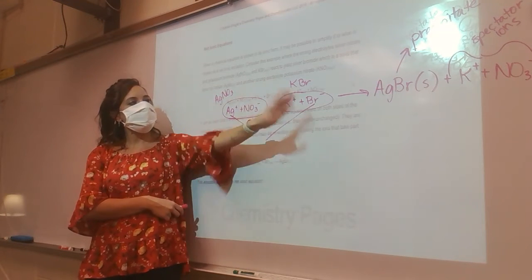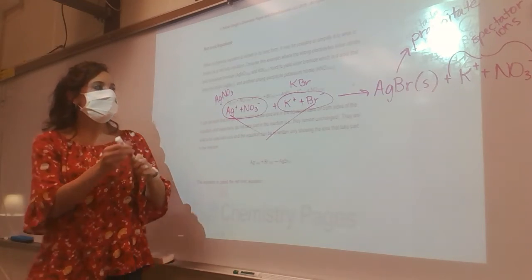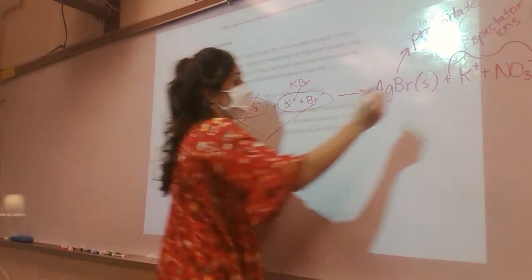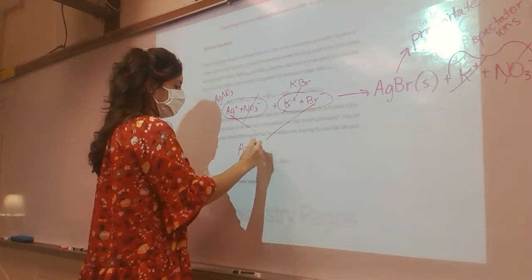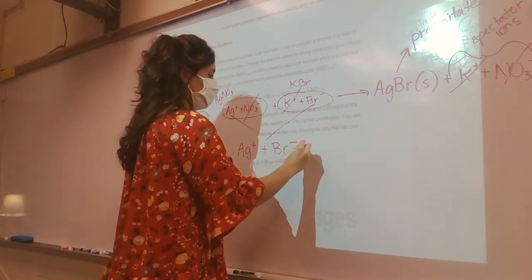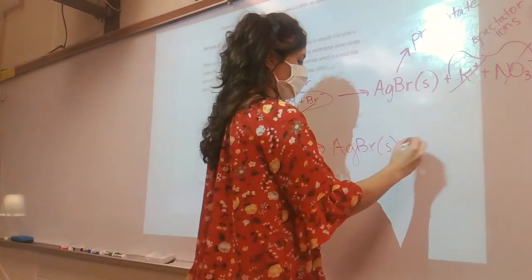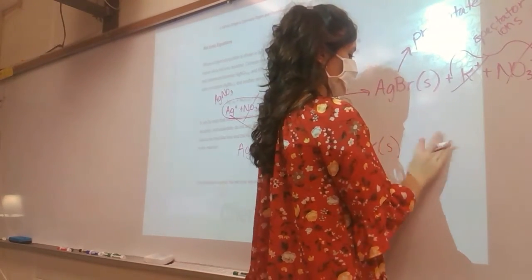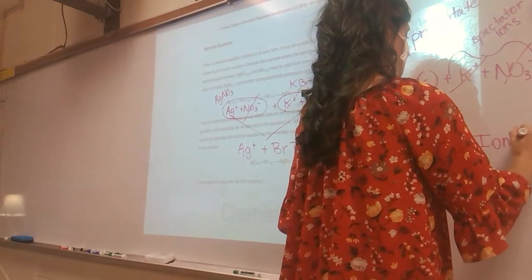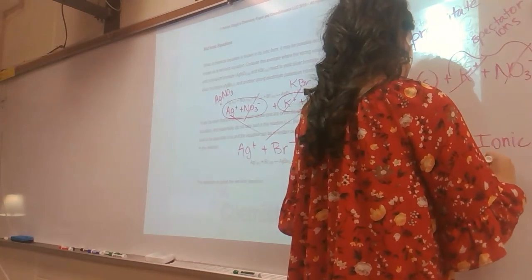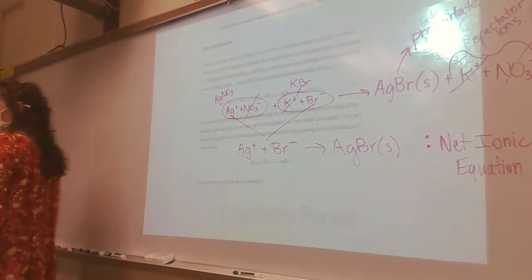If we write this whole thing only showing the ions that precipitate, because the spectators spectate, it's called a net ionic equation. Net ionic equations only include the ions that make the precipitate.